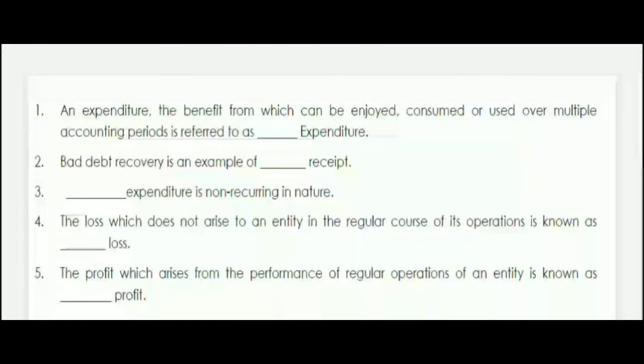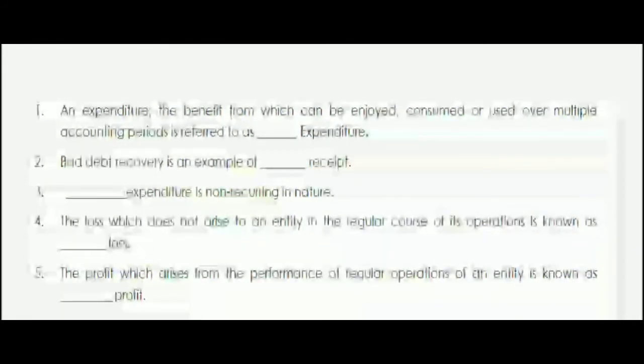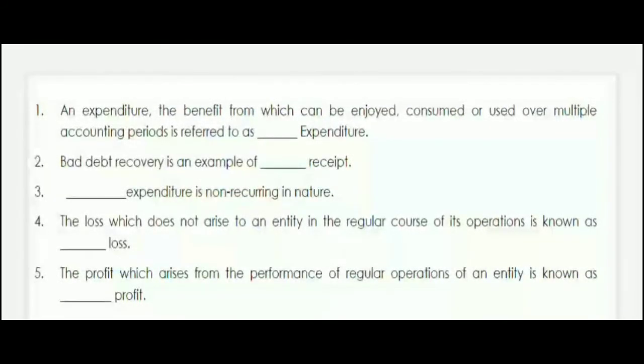So guys, next is the fill in the blanks. Let's see the question. An expenditure, the benefit from which can be enjoyed, consumed, or used over multiple accounting periods is referred to as what expenditure? It's very easy. I repeat the question, you will get a better idea.